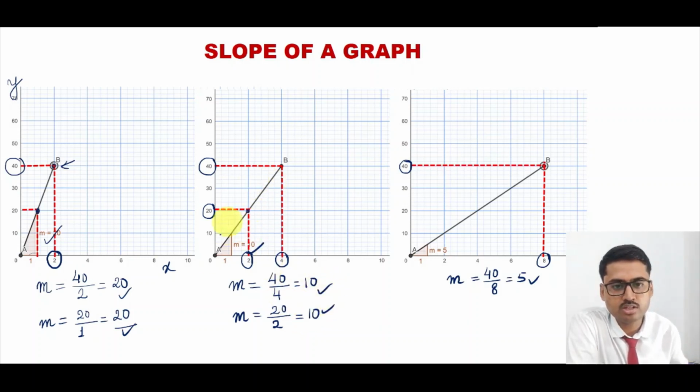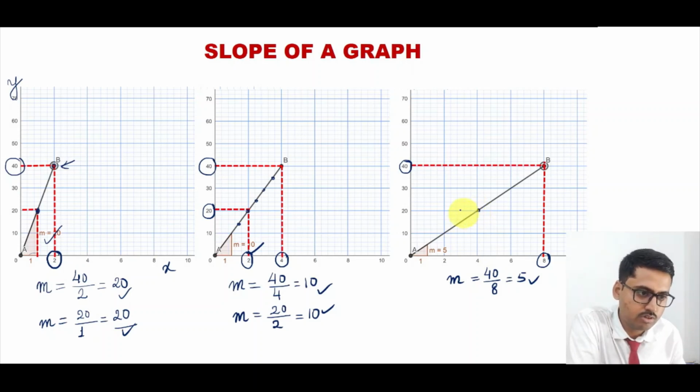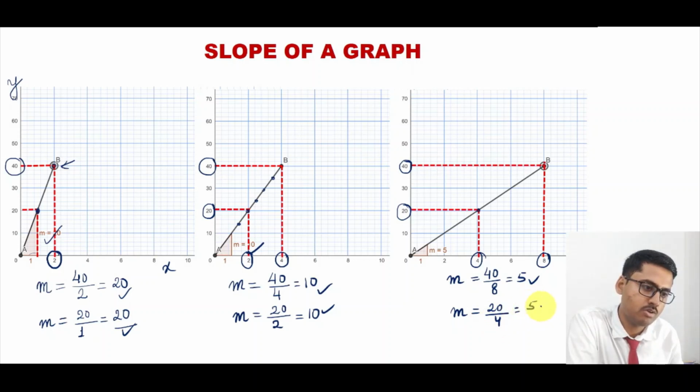So for this graph, no matter where I choose the point, if I know the coordinates, I am going to get the same value, and that is 10. And for the third graph, let us take this point and calculate. You can see the value is going to be 20 by 4, that is 5. So you get the same answer.